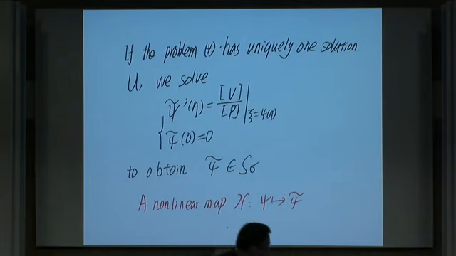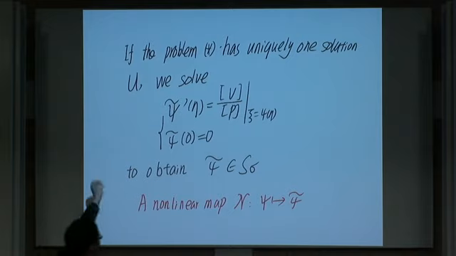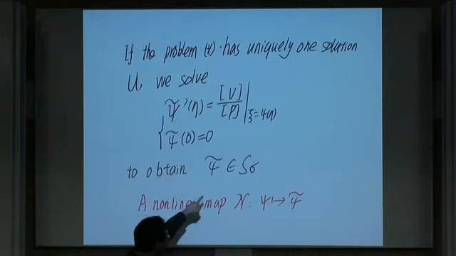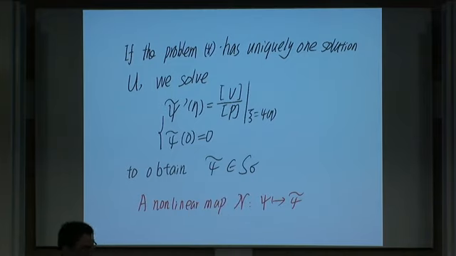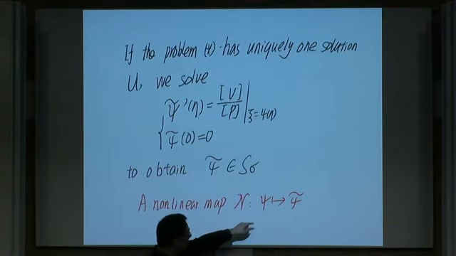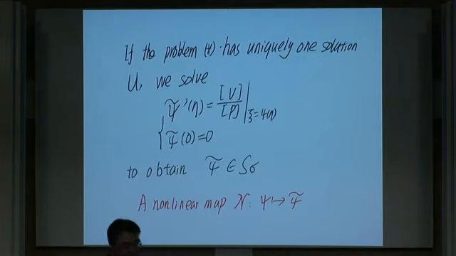So this is already known, and we just integrate to get the new function theta psi. And we can show that theta psi still lies inside the set, because it is a small perturbation problem. So in this way, we construct a nonlinear map from psi to theta psi.